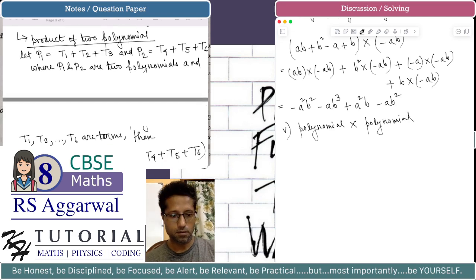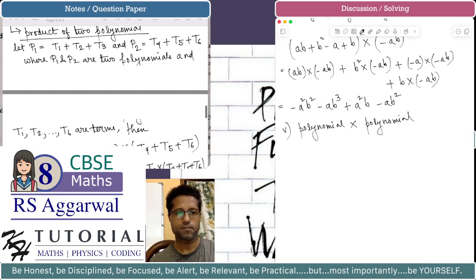Okay, let me see quickly if everything is visible or not. Okay, now let's see how we find the product of two polynomials.